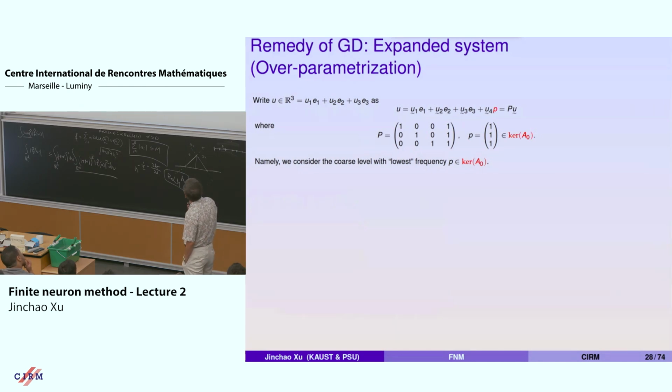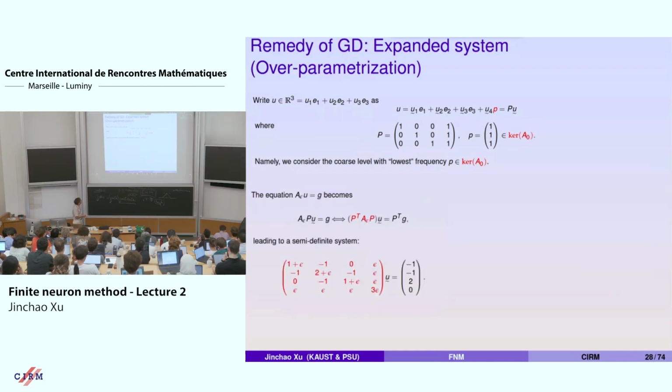Nevertheless, I write this U equal to P times U tilde. The P is like a restriction, like a pulling. You pull this 4-vector into a 3-vector.